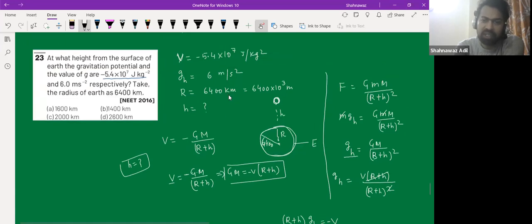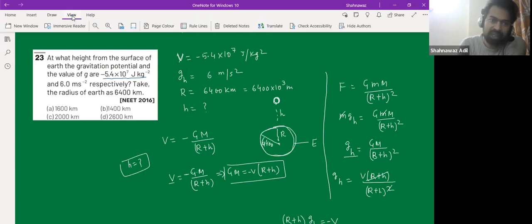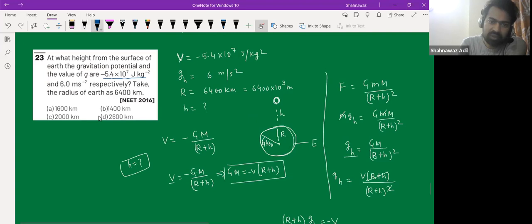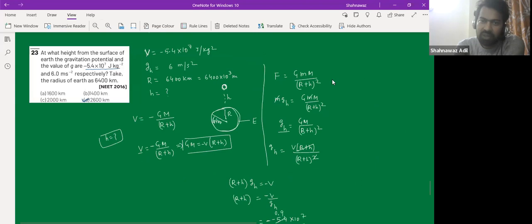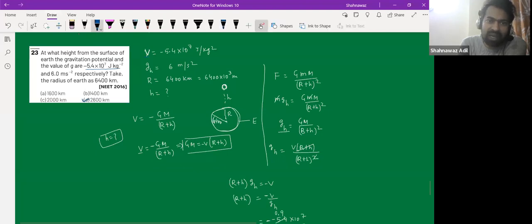Okay, is this clear to you? Good. So please note it down. Two things were given: the potential, and the gravitational acceleration at a certain height.